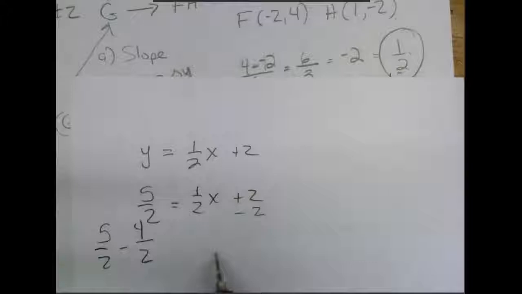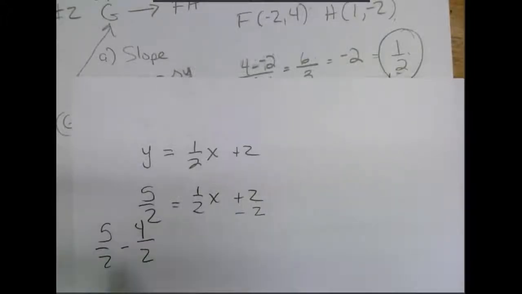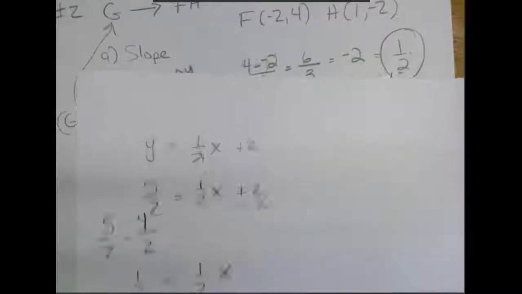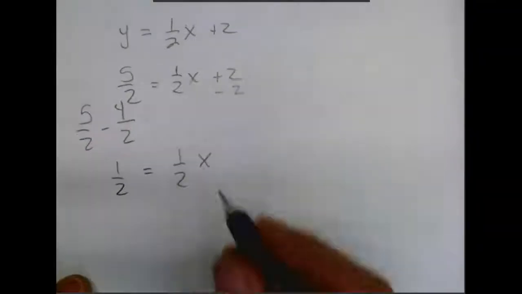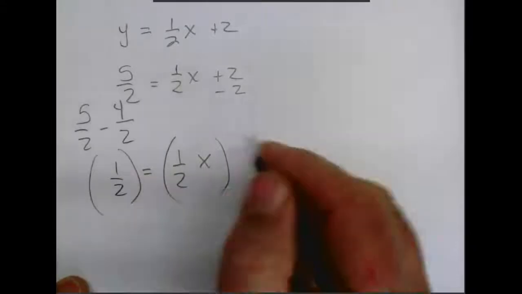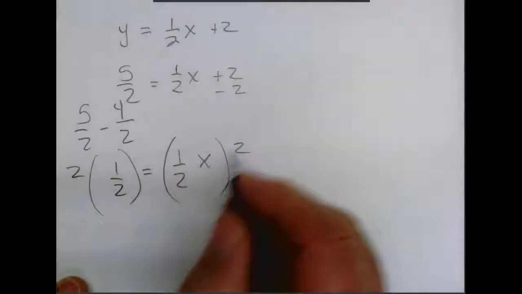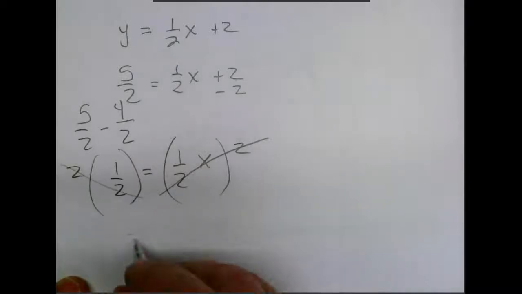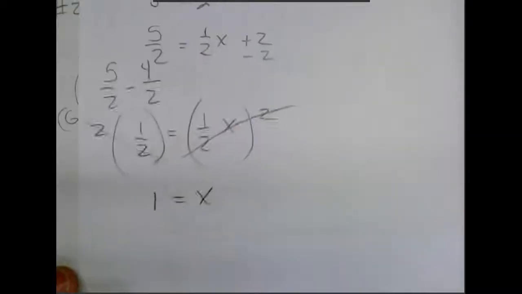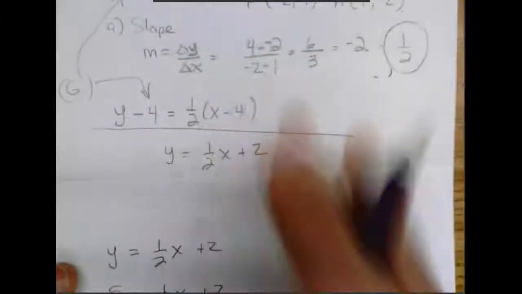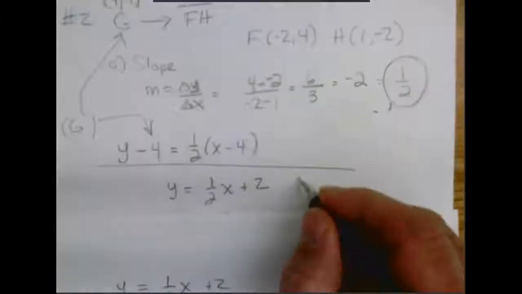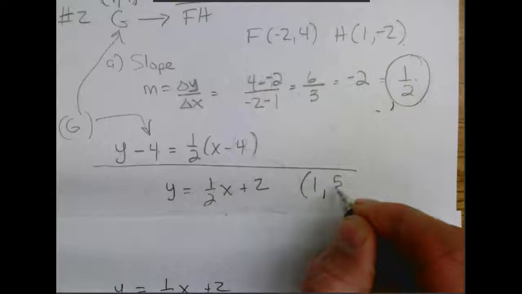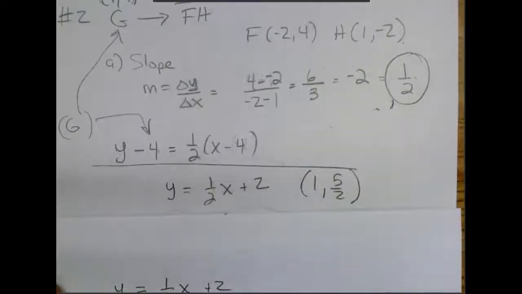I'm just going to make 2 into something that will work with this fraction because I'm subtracting them. And then I get 1/2. So 1/2 equals 1/2 x. And then I'm going to multiply both sides by 2. This will cancel, and it'll say 1 equals x. So for this equation, the first one, I have 1 for x and 5/2 for y.